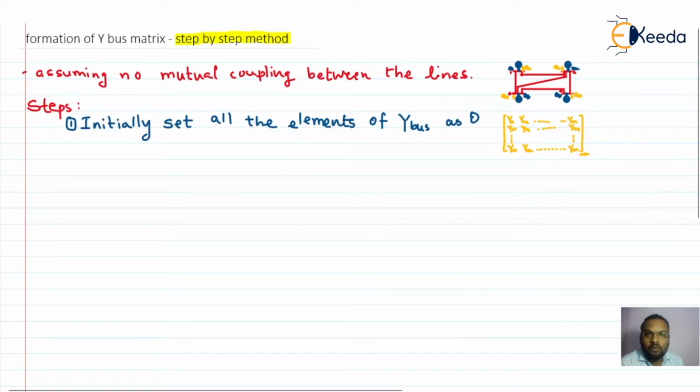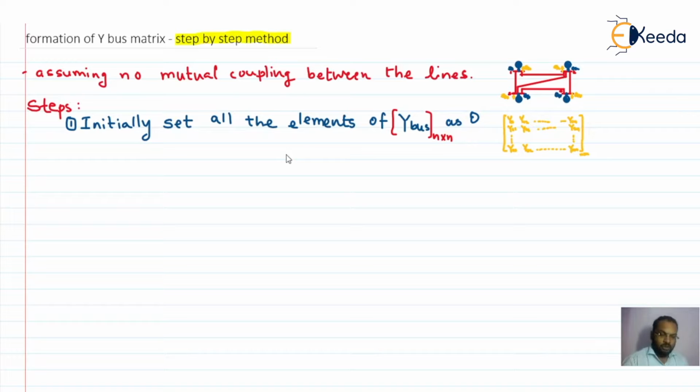Of course, the Y-bus will have an order of n by n, where n is the number of buses. Our approach may change, but the matrix and its order will not change. This is the first step: make all the elements of Y-bus 0.